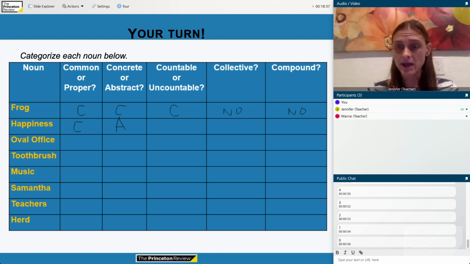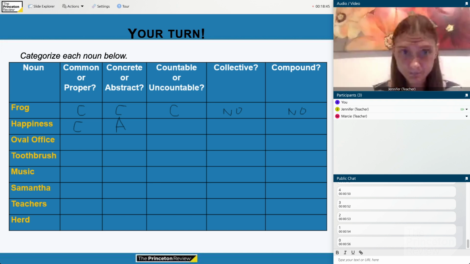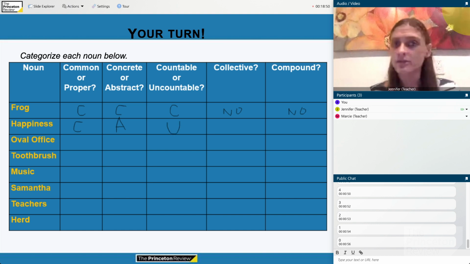Can you count happiness? You can't. And remember, a lot of the uncountable nouns are abstract, so this is going to be uncountable. It is not collective, since it's not referring to a group of things. And it's not compound. It's just one word.